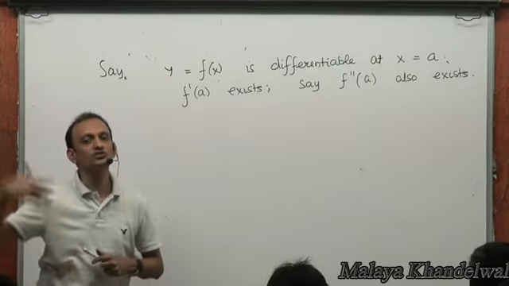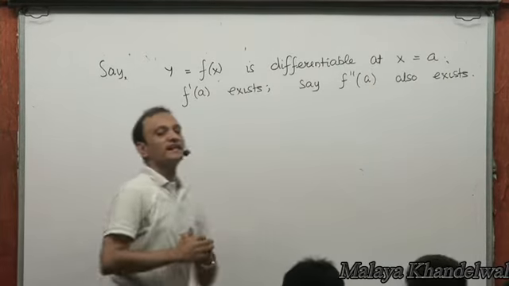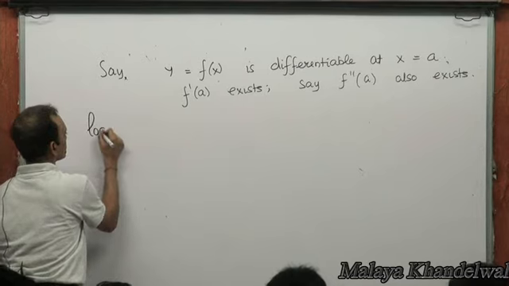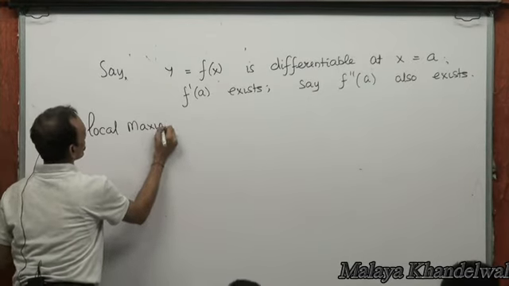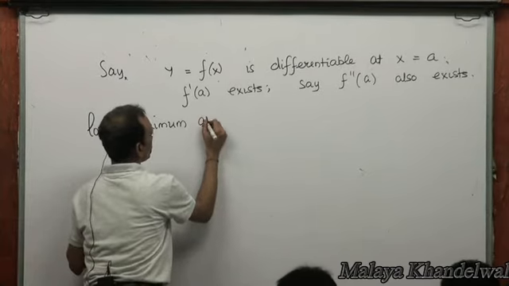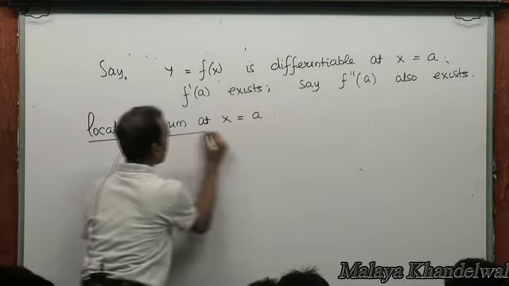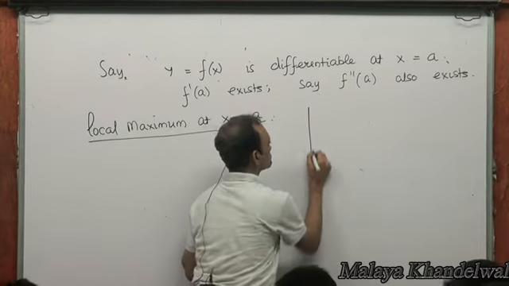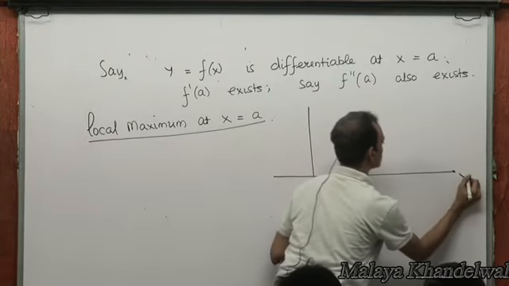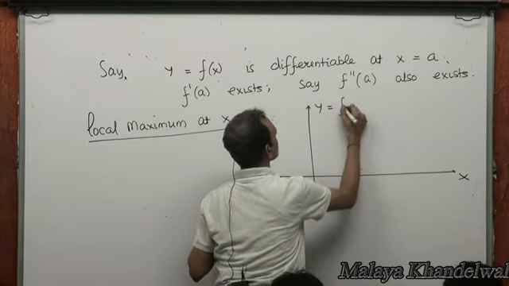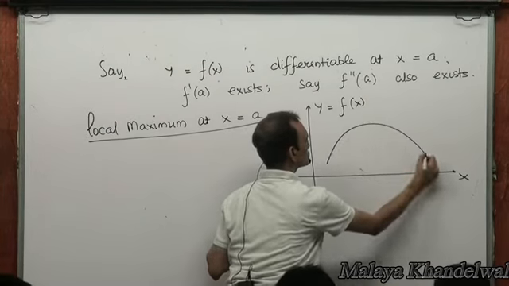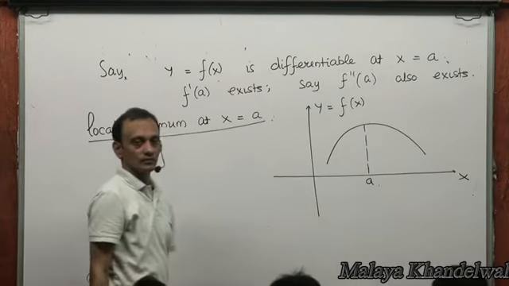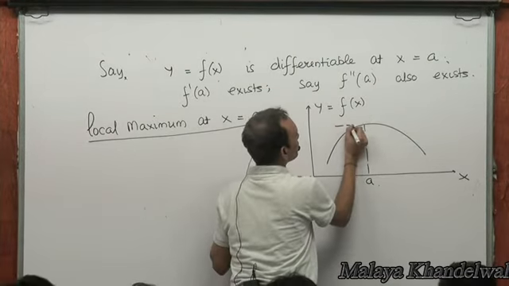Say the function is differentiable once and twice at x equal to a. Okay. And say it has a local maximum at x equal to a. At x equal to a, the function has a local maximum.